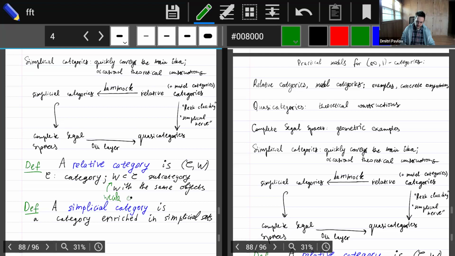And the only requirement we impose on W is that W is closed under composition and contains all identity morphisms. In particular, as a subcategory, W is going to have the same objects as C, but of course it's not going to be a full subcategory. And moreover, you think of the elements of W as morphisms you will eventually like to invert, not in the strict sense of this word, but in some homotopy coherent sense.